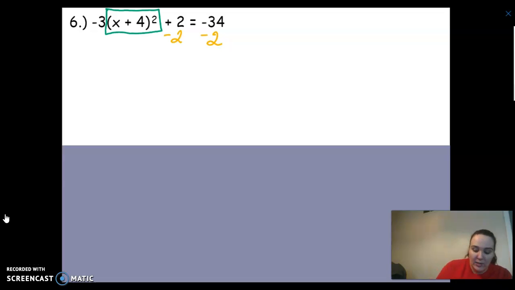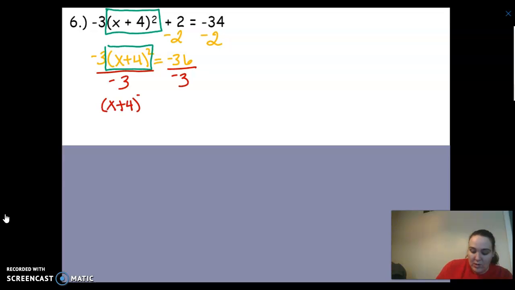So I'm going to subtract the 2. Negative 3 times x plus 4 squared equals negative 36. My squared term is still that x plus 4 squared. Divide that by negative 3, and we end up with this, x plus 4 squared equals 12.